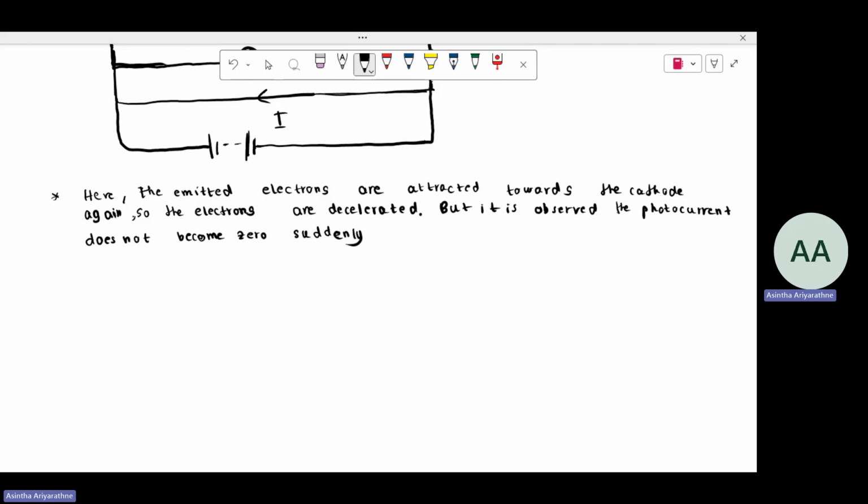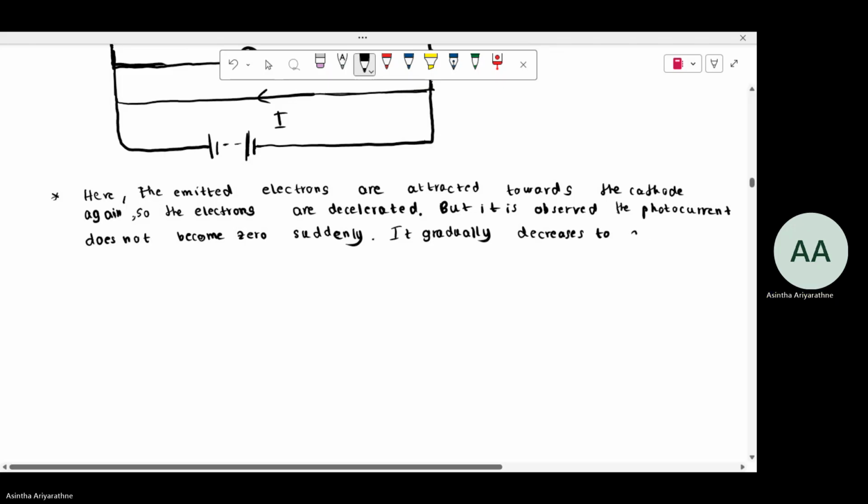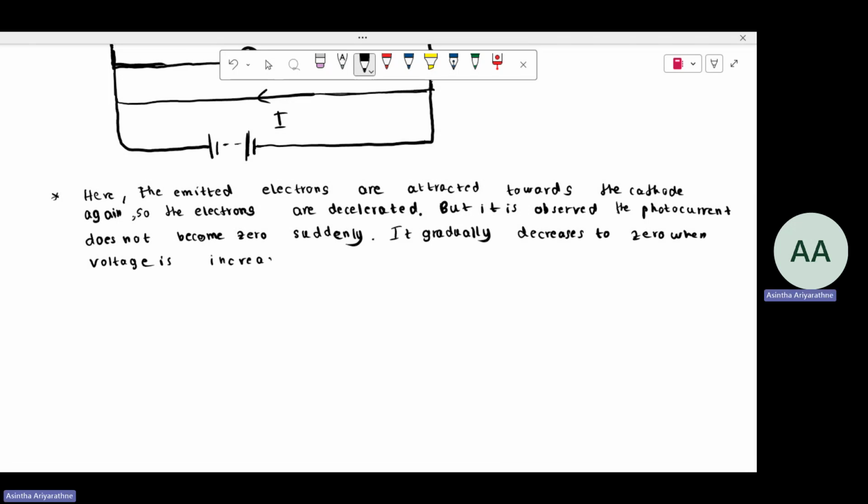It only gradually decreases to zero when the voltage is increased in the negative manner.